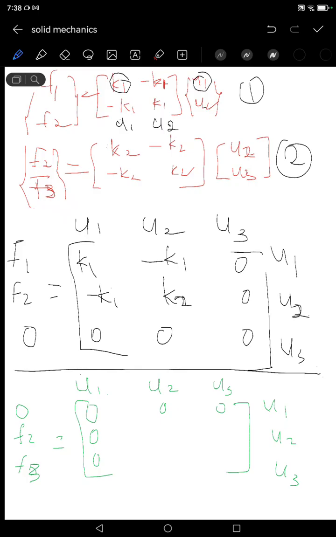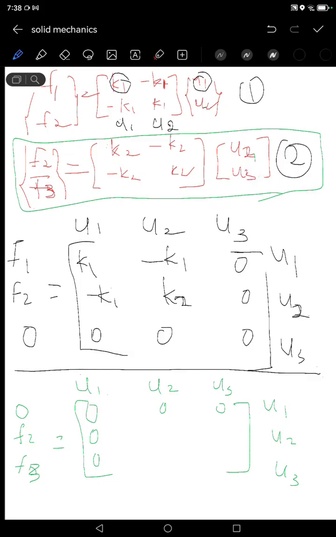Now we go to our second element and check u1 and u1. We don't have u1, so it's 0 here. u1 and u2, we don't have u1, so 0. u1 and u3, we don't have u1 either. We have 2 and 3 only here, so at u1 it's going to be 0.